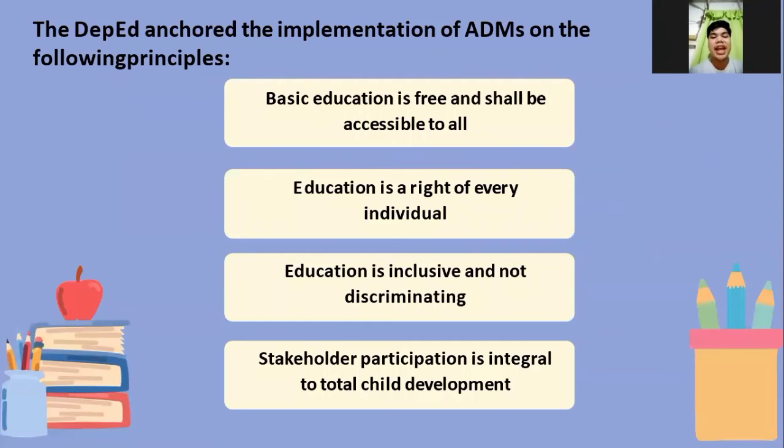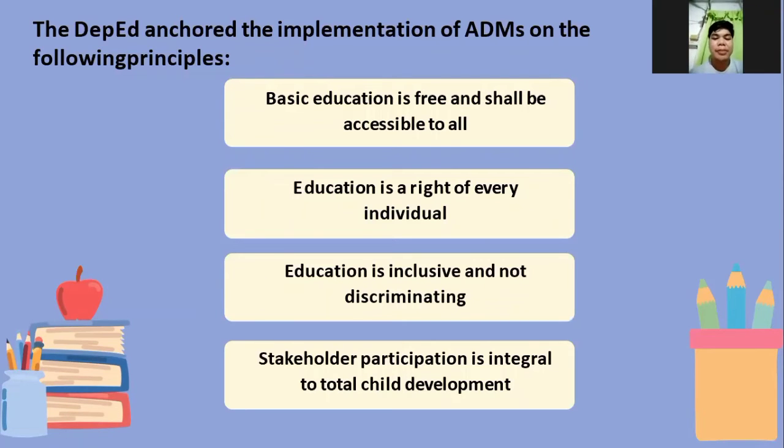To widen the access of marginalized and disadvantaged learners to quality basic education, the Department of Education implements the alternative delivery modes in the formal education system in both elementary and secondary level. So these are the following principles of ADM.